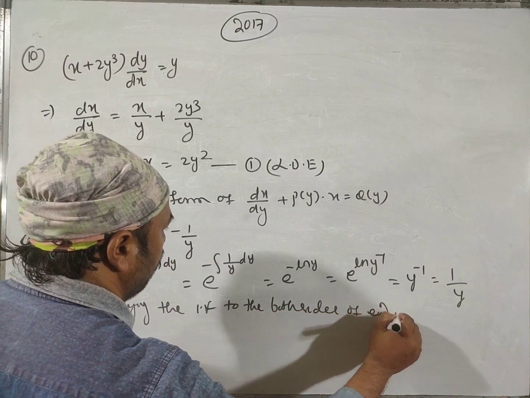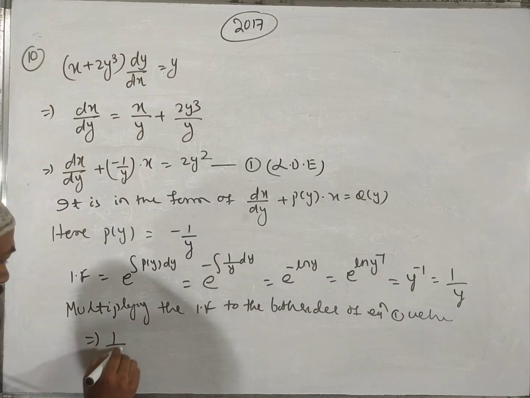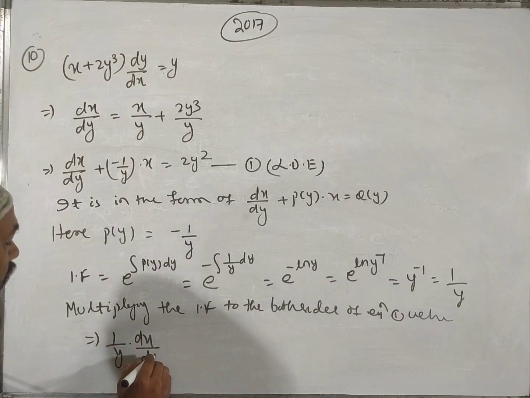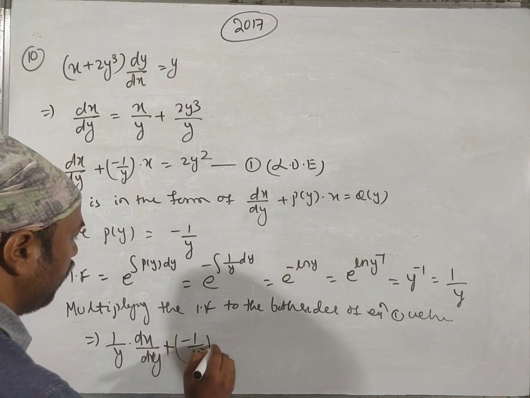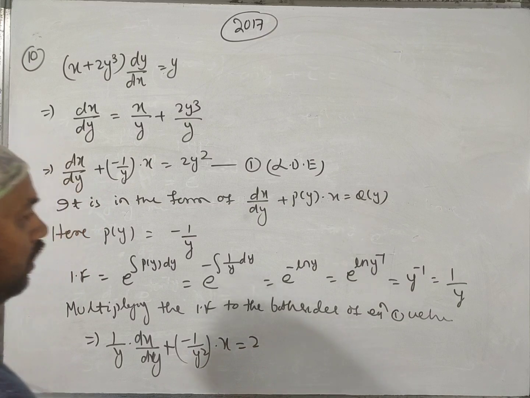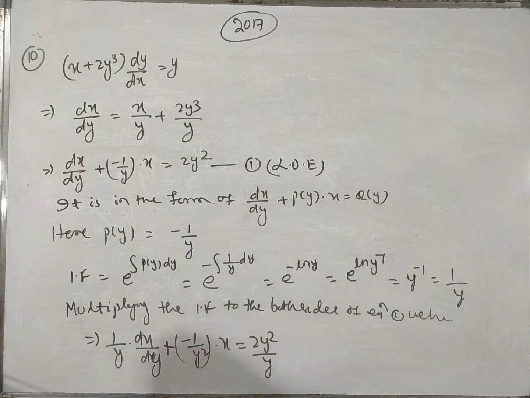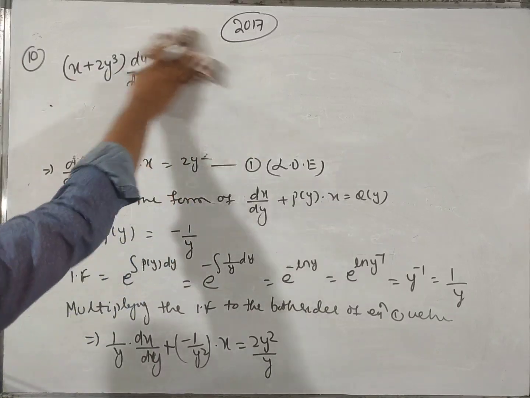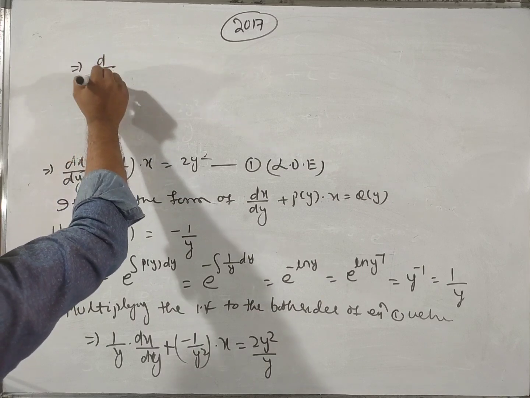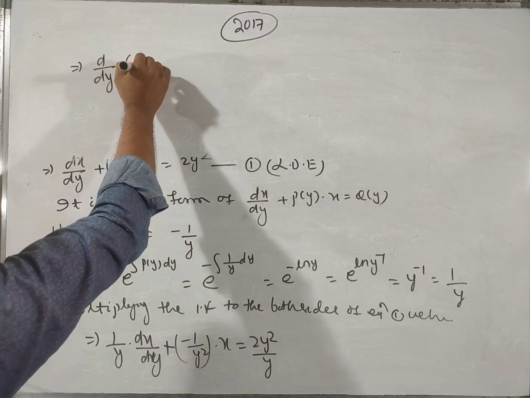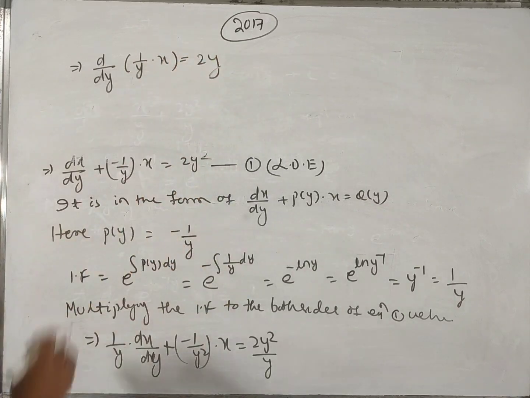Multiplying the integrating factor to both sides of equation 1, we have (1/y)·dx/dy + (−1/y²)·x = 2y²/y. Then it can be reduced into the form of the differentiation of (1/y)·x, and it is 2y.